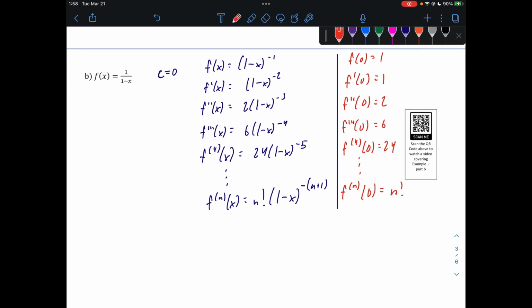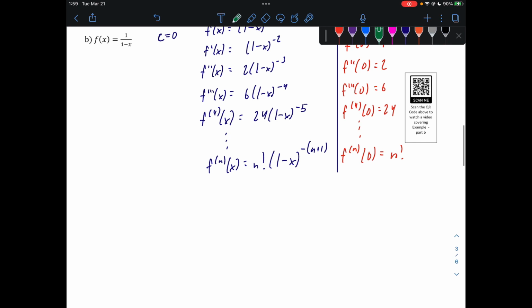All right, so now I can write out my Maclaurin series. So really we're just looking at f of x equals 1 over 1 minus x.